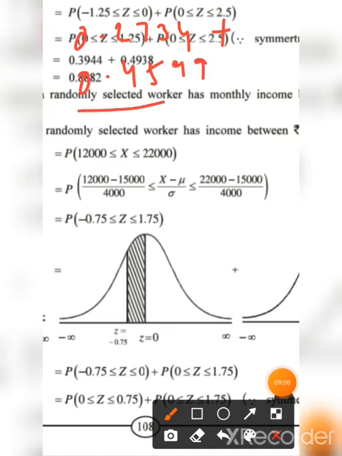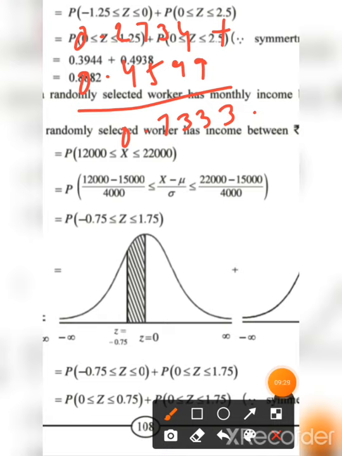As you add them, children, you will get 0.7333. So this is your final answer, 0.7333, the probability for the income between 12,000 and 22,000. But children, they have told you to find out the percentage.